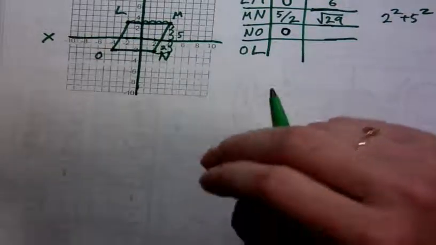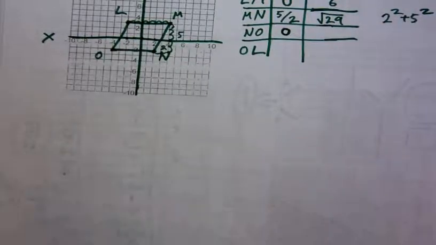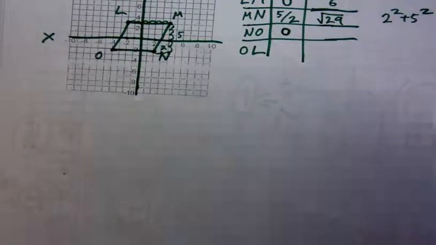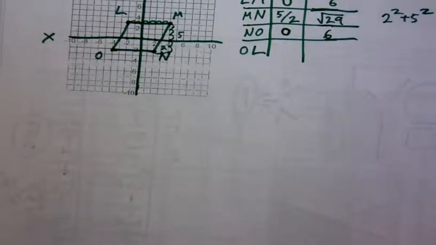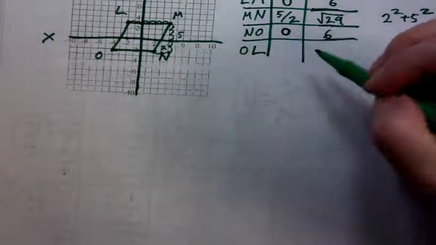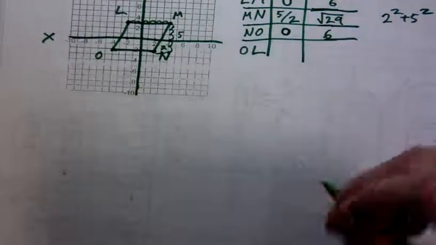All right, and desk 23 is empty. Do I have a volunteer for distance of NO? Jordan. 6. Yep, we counted out same way. All right, desk 1. Kenya, slope of OL.